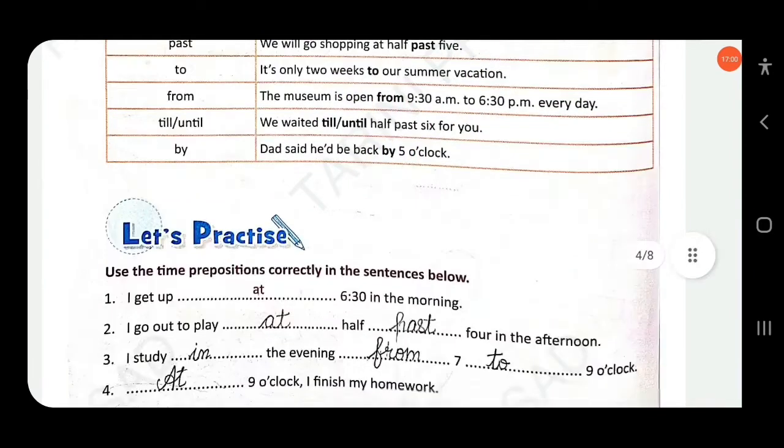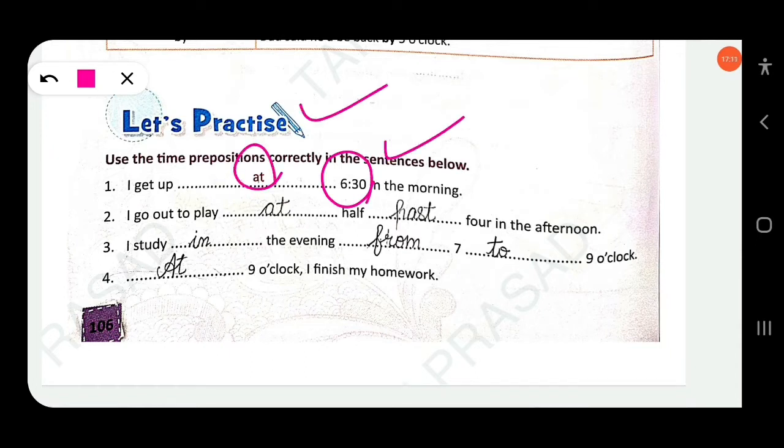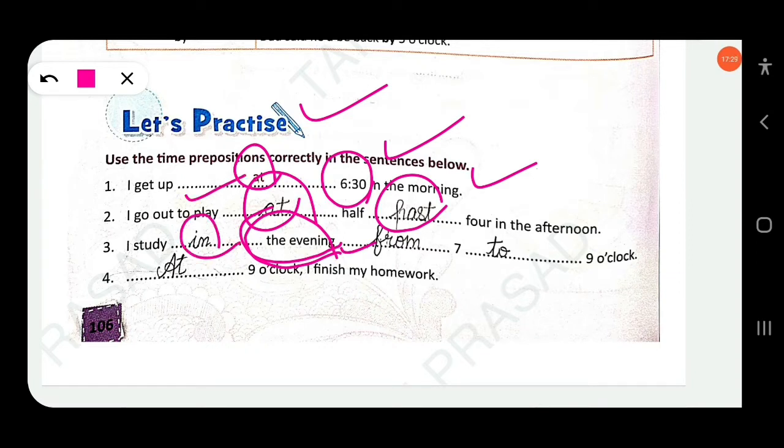Clear? Then next, use the time prepositions correctly in the sentences below. Here, I get up, as the time is provided, so you have to use at. Next, I go out to play at 4:30 in the afternoon. Here the part of the day is given, so you have to use in the evening.